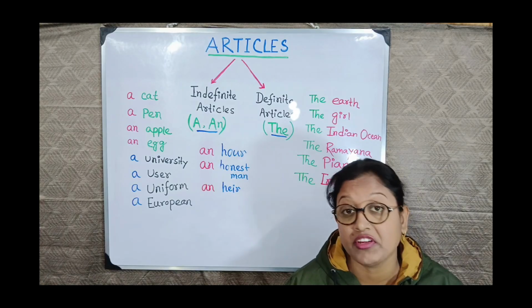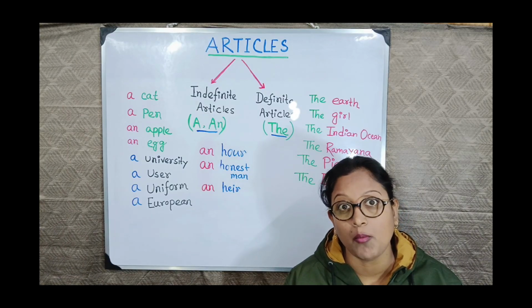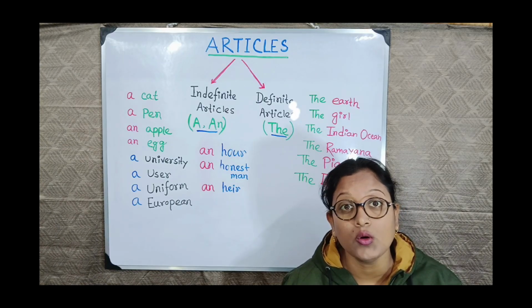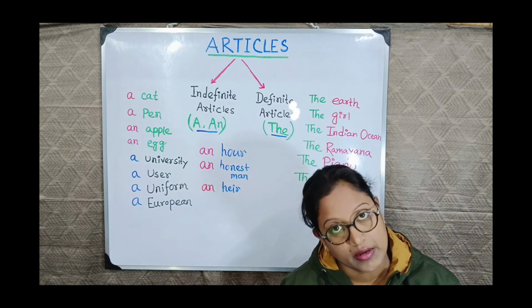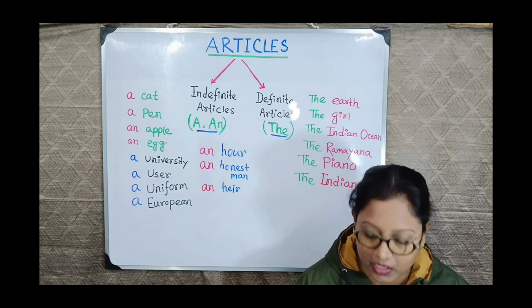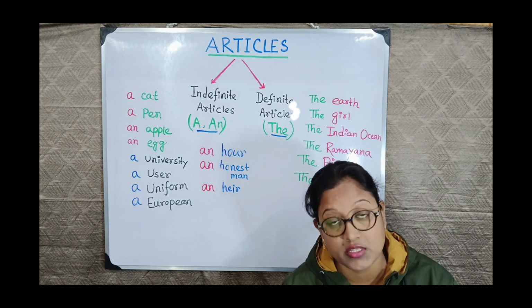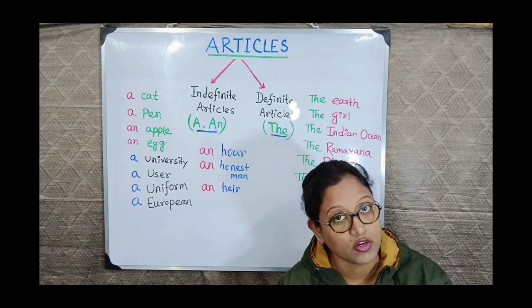Next, definite article. Definite means which is particular. The boy, the book. Here it is pointing out any particular book, any particular boy. Clear? So we have learned articles, definition. Articles are words used before nouns to show whether the noun is specific or general.